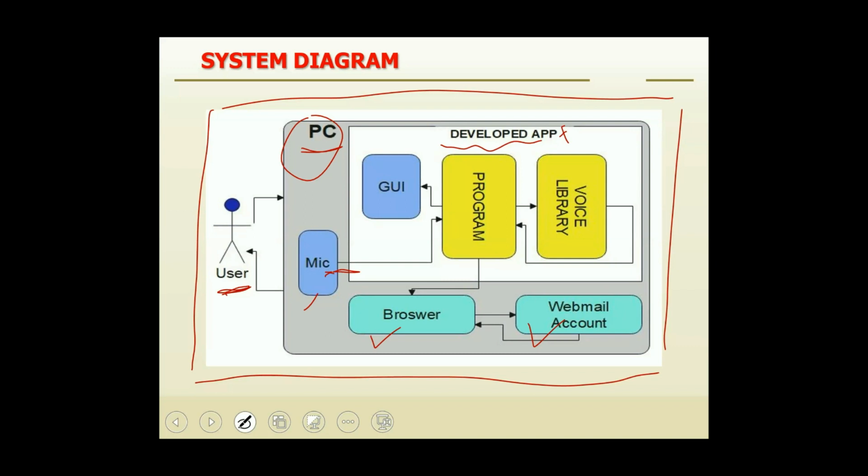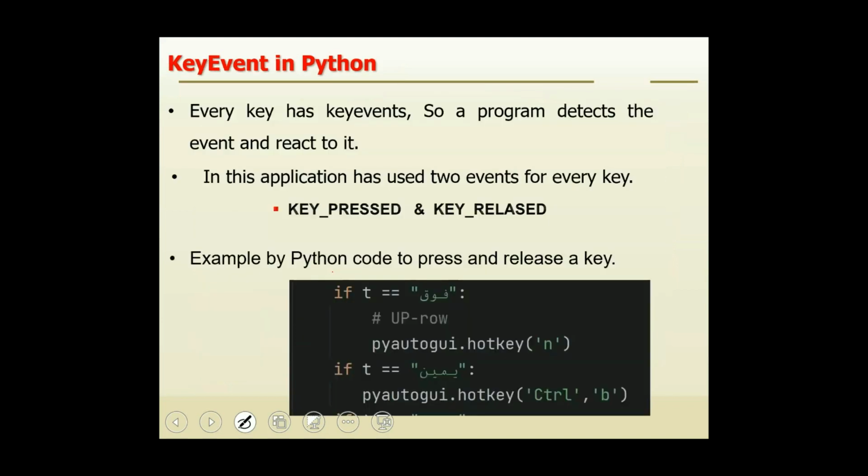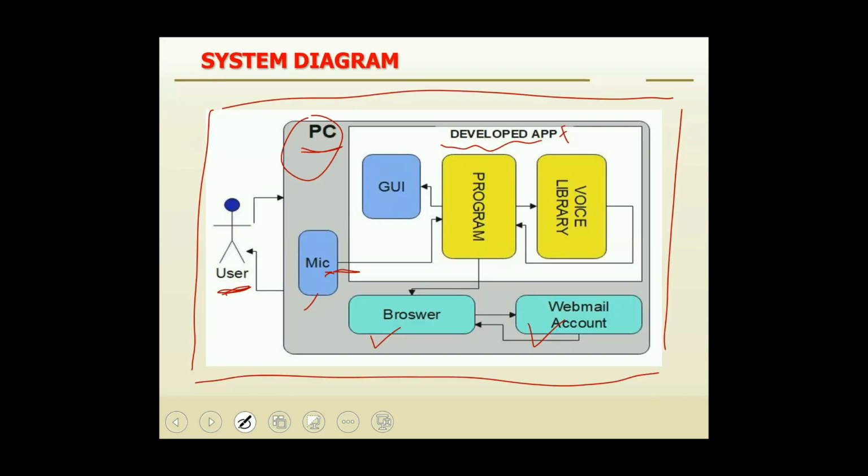When the program gets the text, it treats it as a string variable. In the Python code, comparison statements are used on the string variables, which are converted to text. If this word is, for example, hasabi in the Arabic language, I mean account in English, then the link will open directly in the web browser and then return to receive another voice command.